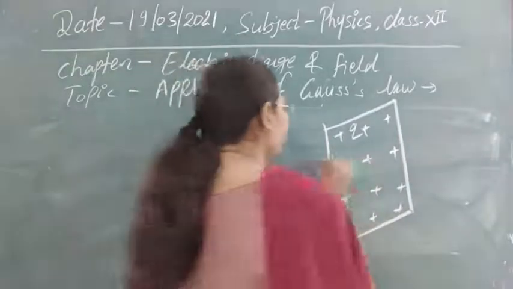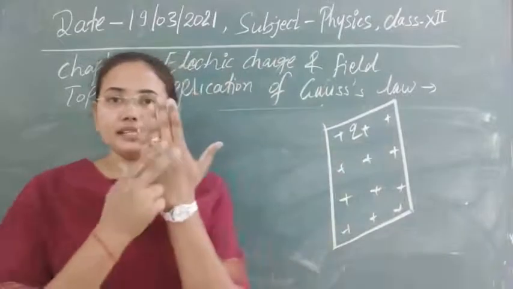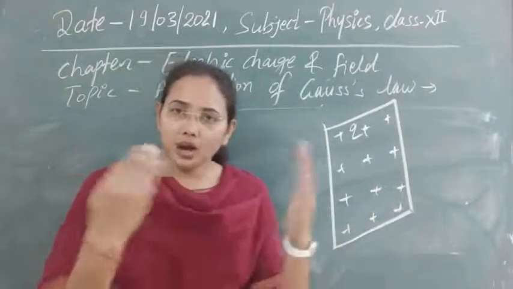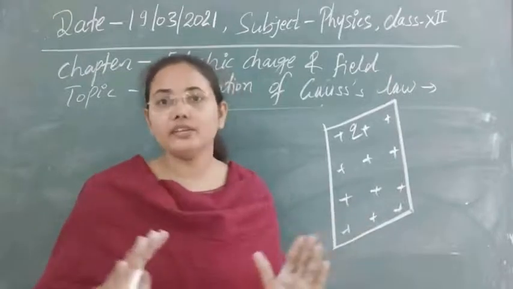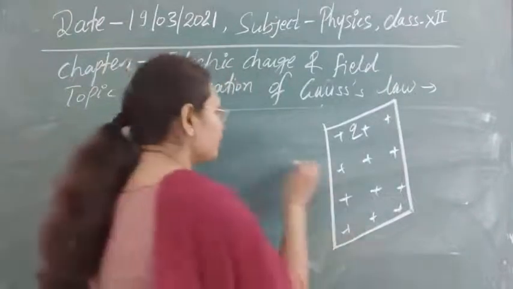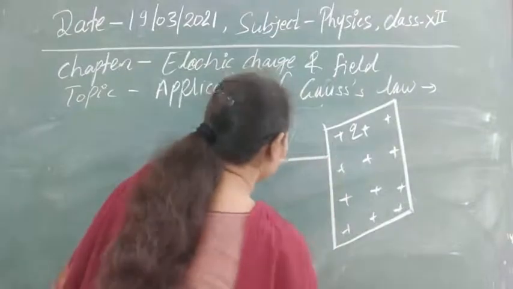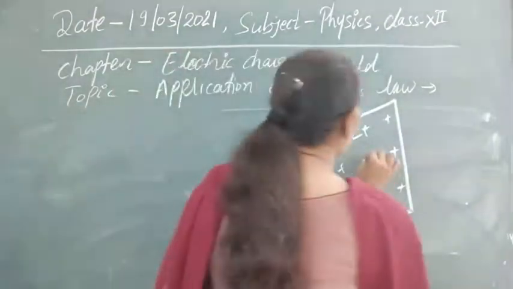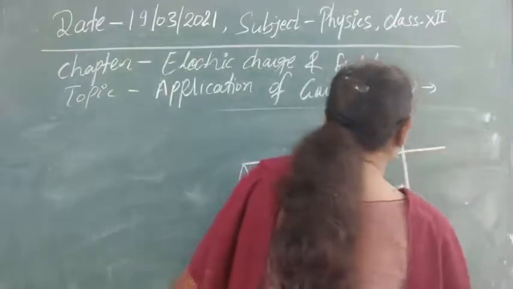So in this way you can draw two cylinders. If this is the sheet, one cylinder on this side and one cylinder on this side, meaning on either side we can draw the cylinder. One is this and the second is this.